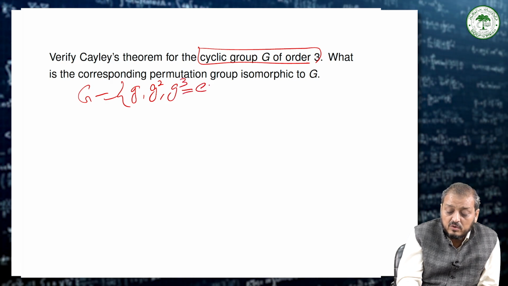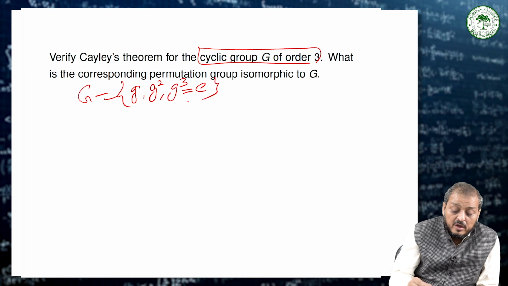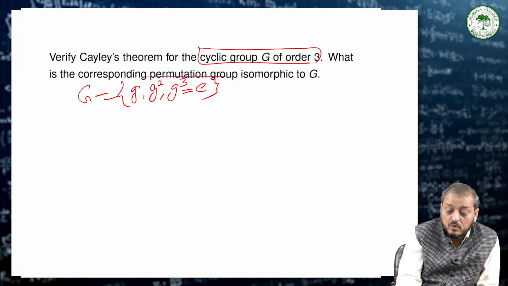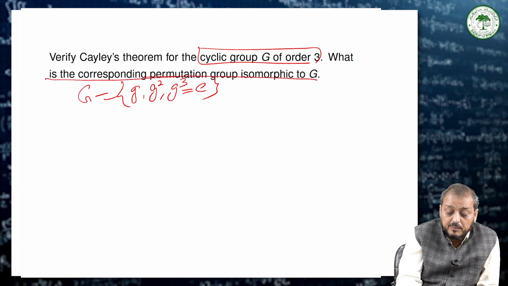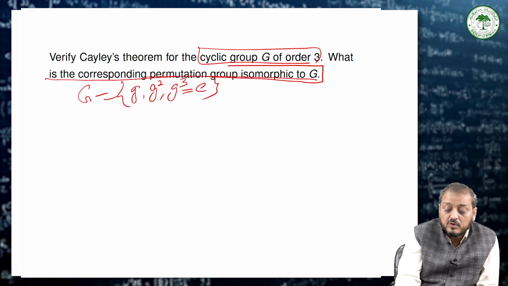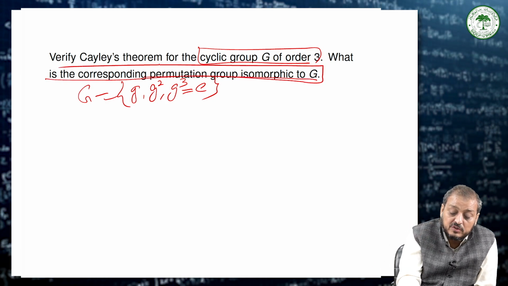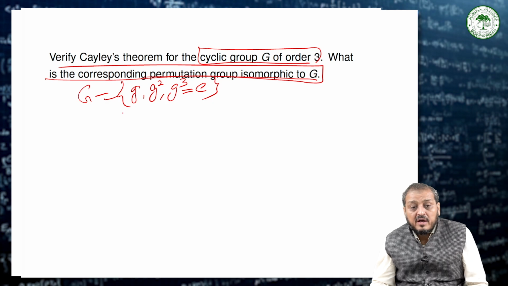So we can clearly say that it corresponds to an isomorphic permutation group. What is the corresponding permutation group isomorphic to G? That's the question. So we have to verify Cayley's theorem for a cyclic group of order 3.